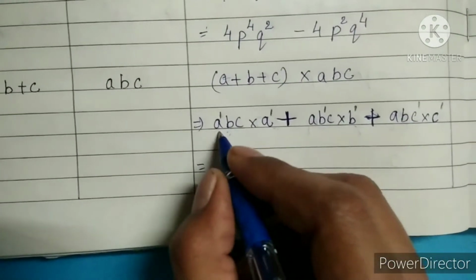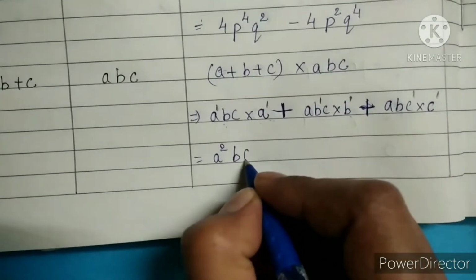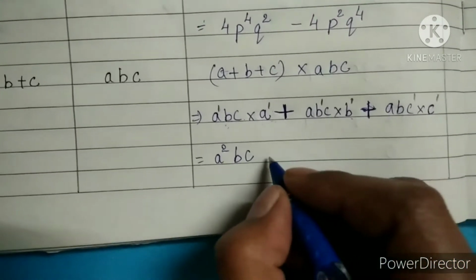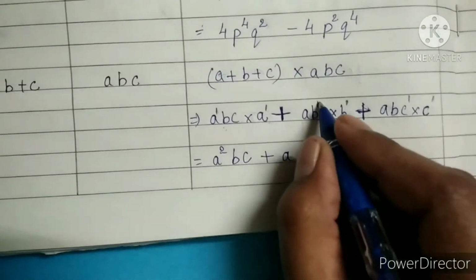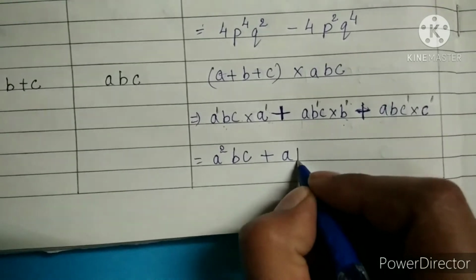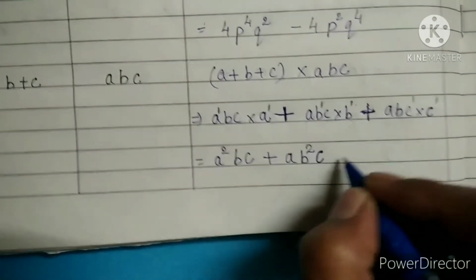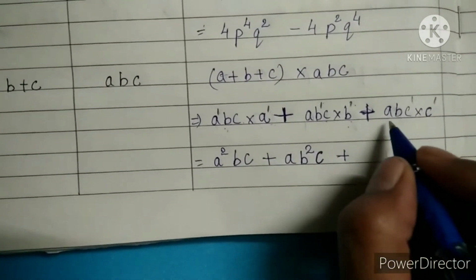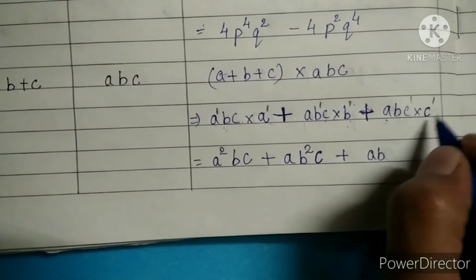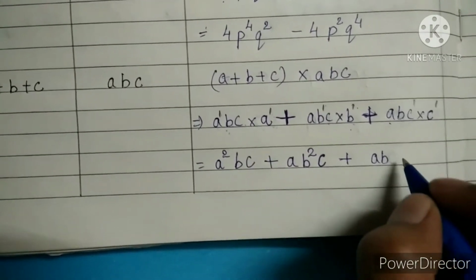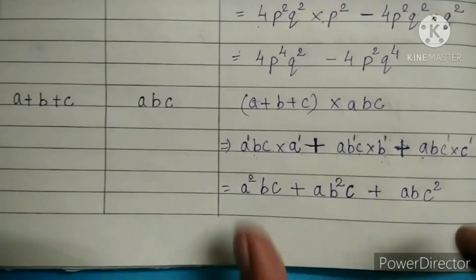So a is to power 2, bc as it is, plus a as it is, b is to power 1, b is to power 1, so 1 plus 1 is 2, c as it is, plus ab as it is, c is to power 1, c is to power 1. So 1 plus 1 is 2, c is to power 2. This is the solution of the fifth one.